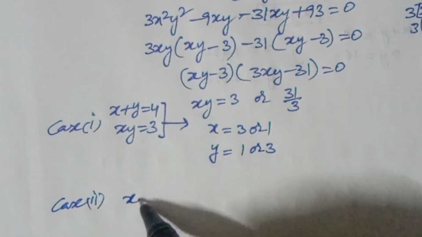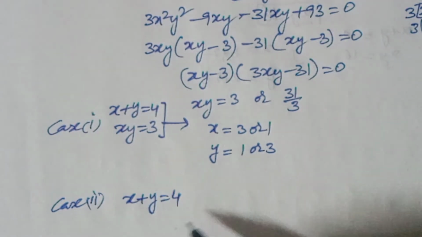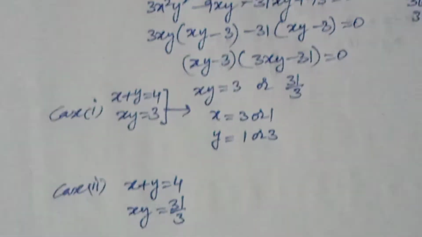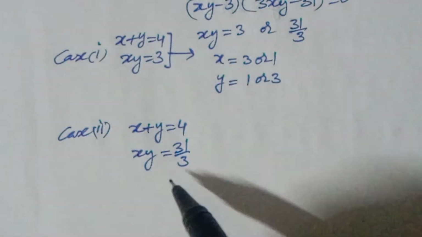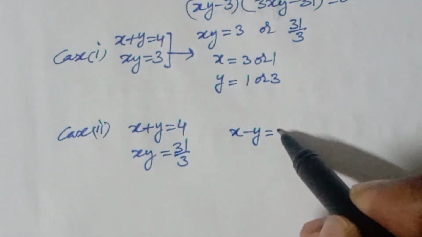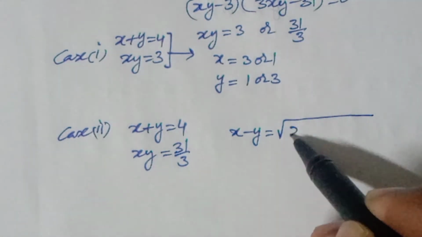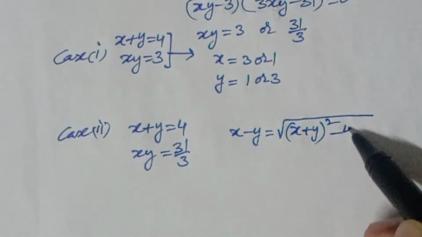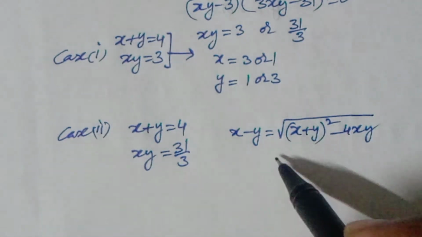So second case, this is very very important. Second case, x plus y is equal to 4, xy is equal to 31 by 3. So here finding x minus y value, x minus y value is the root of x plus y whole square minus 4xy.